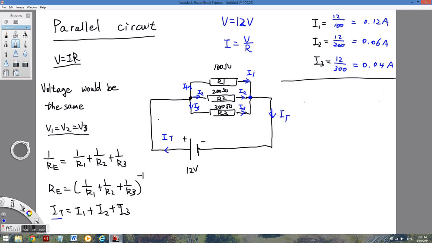Now, this is one way of doing it, because we know the voltage.